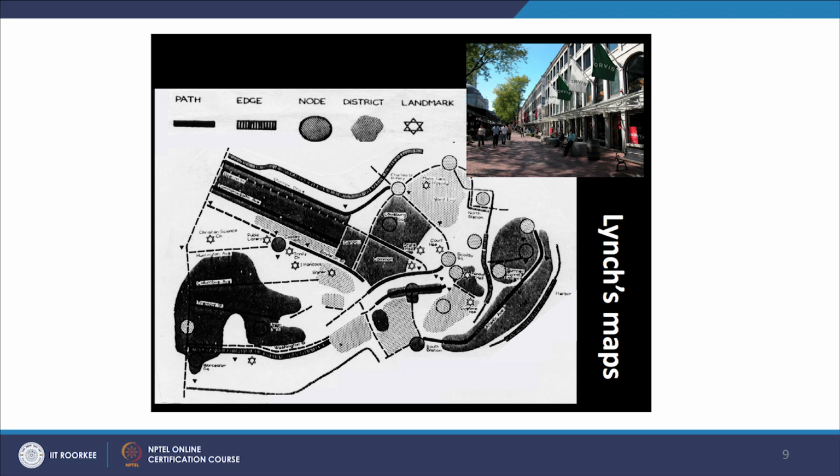Following Lynch, there has been an important contribution from Gordon Cullen's work on the townscape, where he talks about serial vision. Serial vision takes the journey of how one is moving around and how the movement opens up certain surprises and certain feelings.